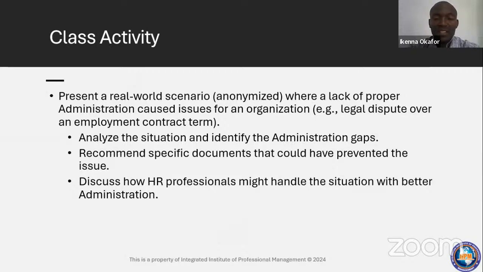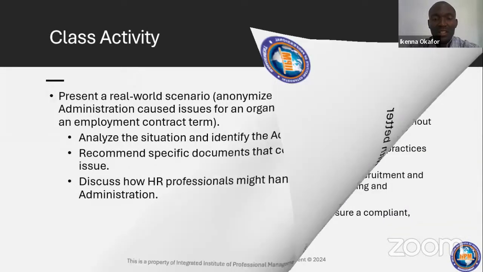Analyze the situation, identify the administration gaps, recommend specific documents that could have prevented the issue, and discuss how HR professionals might handle the situation with better administration. So please take this down. We're going to discuss it in our next class.